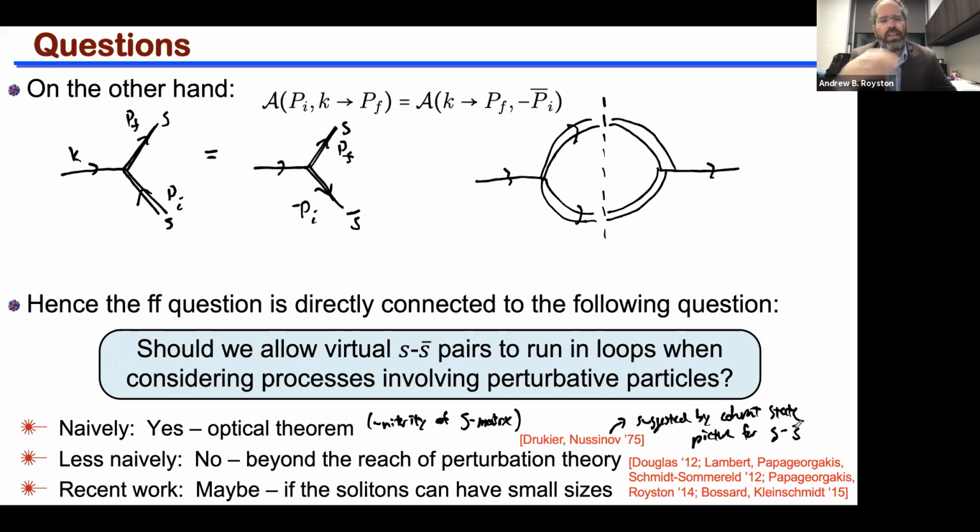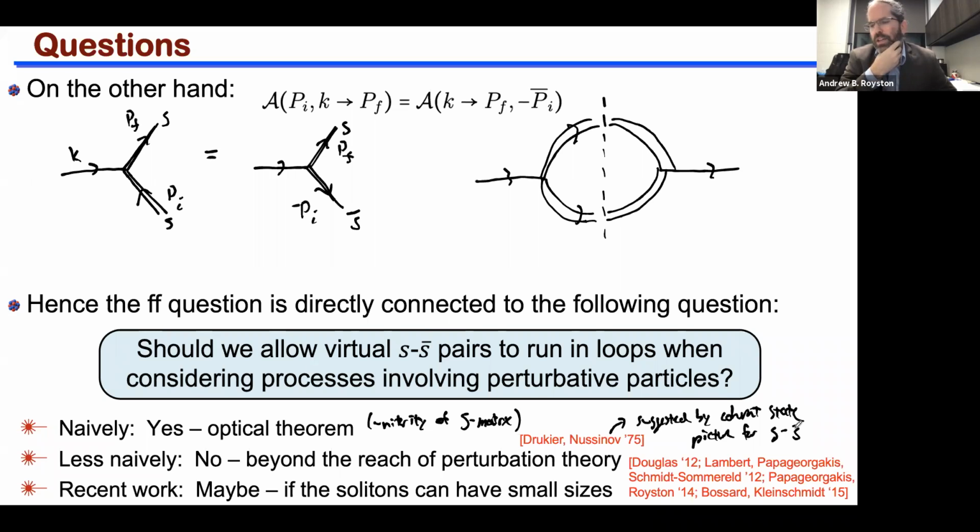But more recently, the answer has been, well, maybe. We should let them run in loops, at least in theories where the solitons in question could have small sizes. And here the size of the soliton would be with respect to its inverse mass.